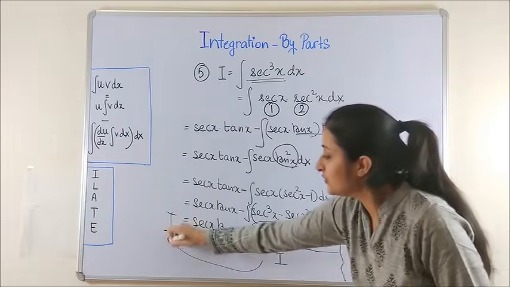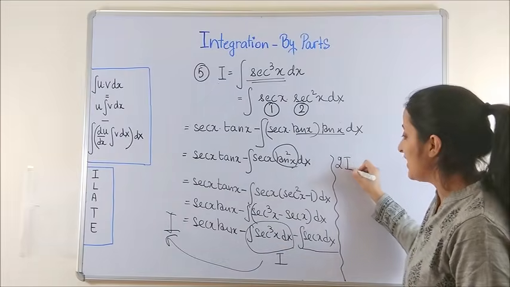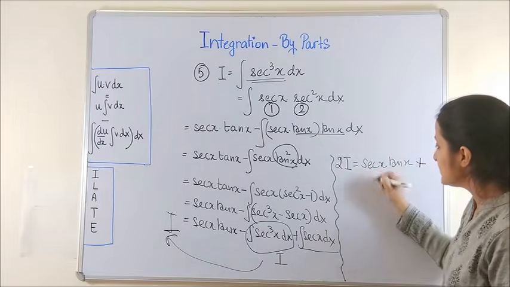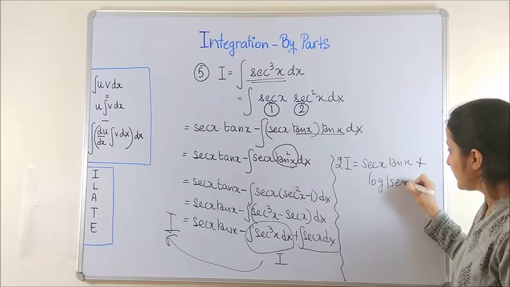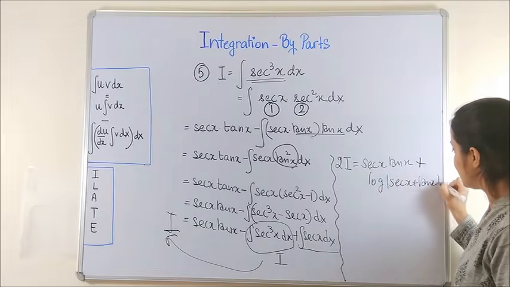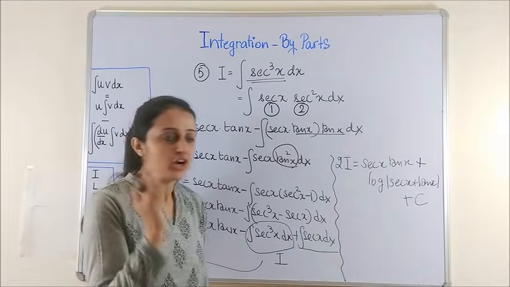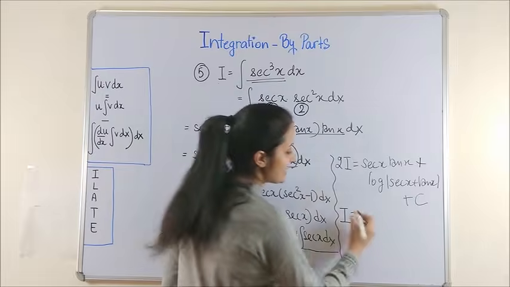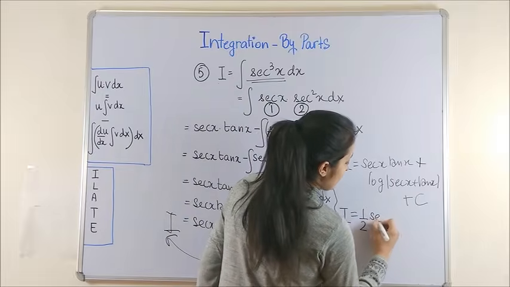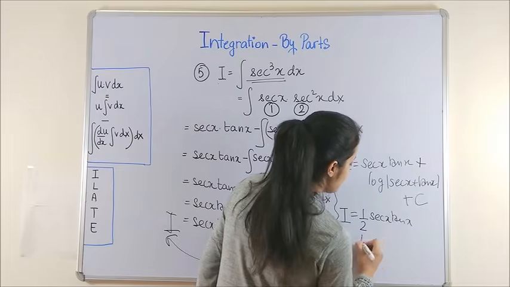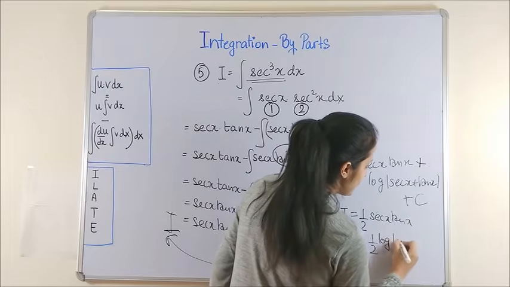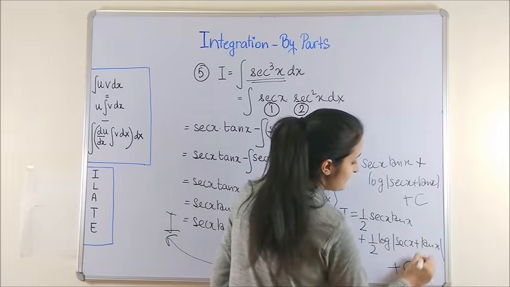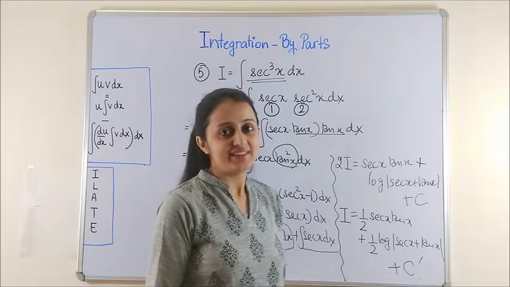This I, once moved on your left, makes it twice of I is equal to sec x tan x. The answer to this integral would be log mod sec x plus tan x plus c. Don't leave your answer here because you wanted to evaluate I and not twice of I. So one last step, this becomes half sec x tan x plus half log mod sec x plus tan x, and c by 2 you may write as simply c dash. That's the required answer.